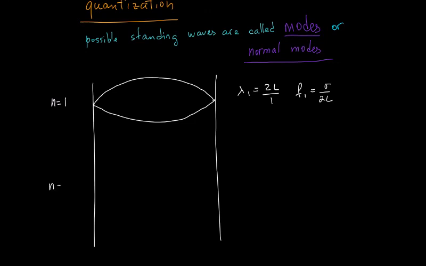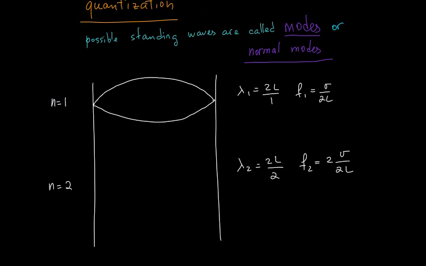When n equals 2, we are supposed to have two loops. The number n is the number of antinodes, actually. So λ2 equals 2L over 2, which equals just L, right? And the second frequency equals 2 times v over 2L.